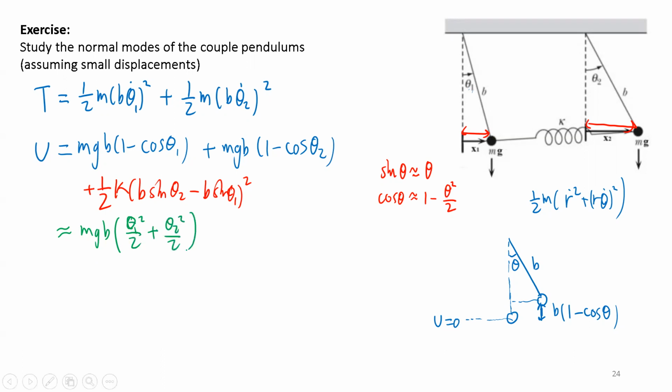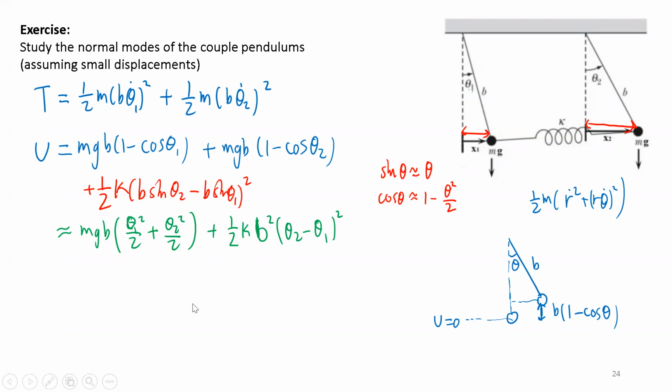And then for the elastic potential part, the sine theta becomes theta. So I'll just write kappa, and let me take out the b first: kappa b squared (theta 2 minus theta 1) squared. So that's for the Lagrangian.